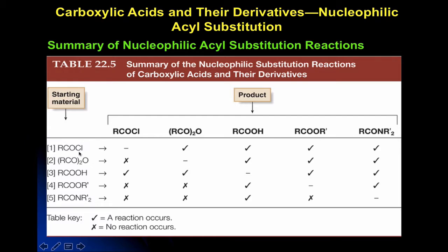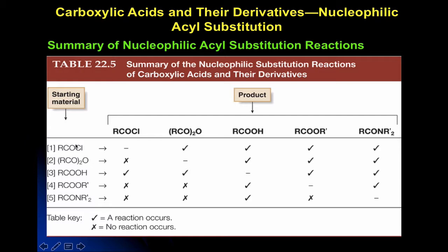And over here we have the same thing, right? If you see a check, a reaction will occur, and if you see an X, no reaction occurs. And these are, of course, where it's the same. So ester and ester, there's not going to be a reaction.